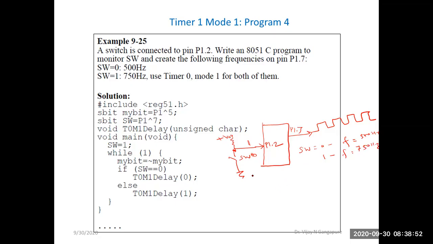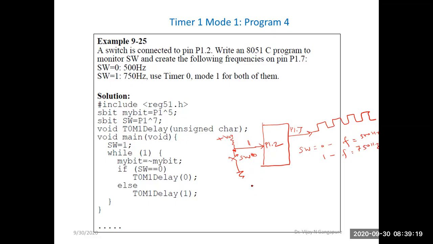So that means we have to generate two types of square waves on pin number 7 of port 1, depending on the position of this switch. If this switch is closed, means this pin is connected to ground, means here data is 0, so when switch is 0, this square wave frequency should be 500 hertz.